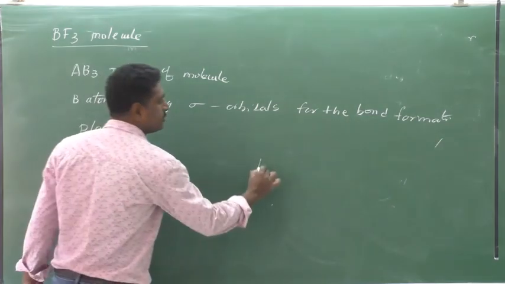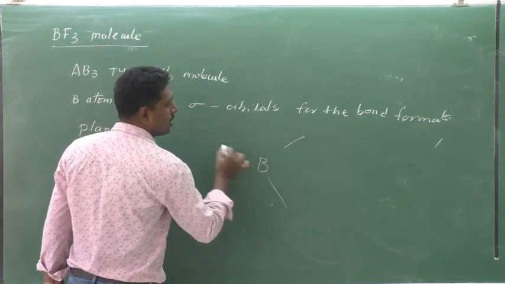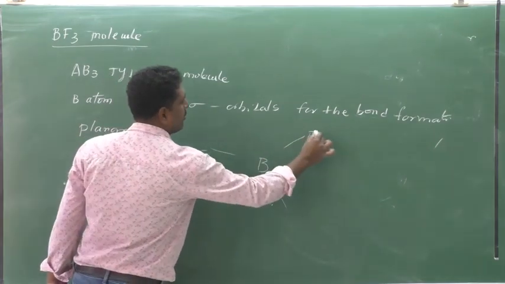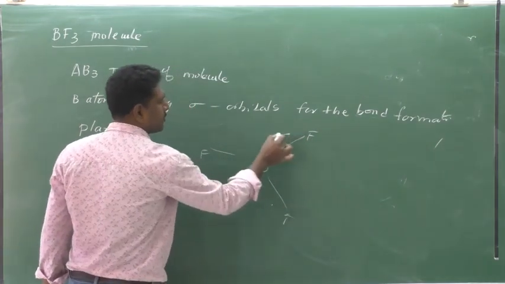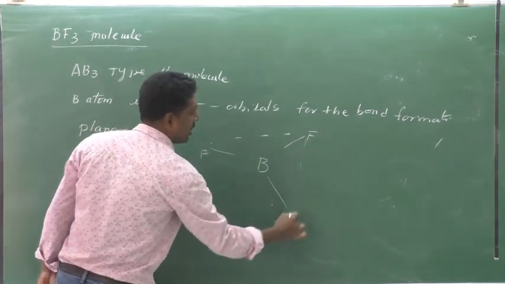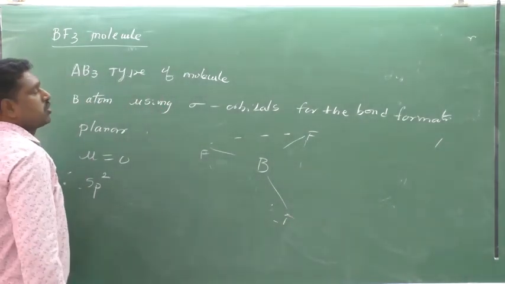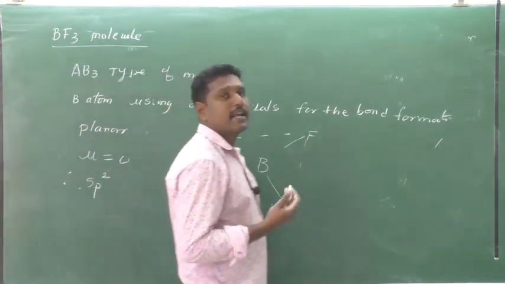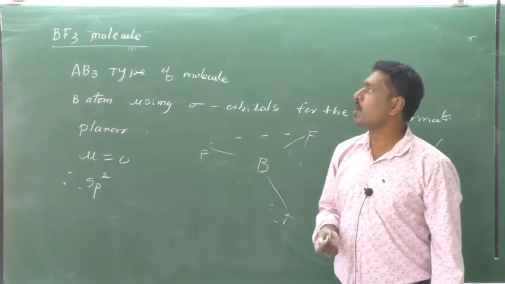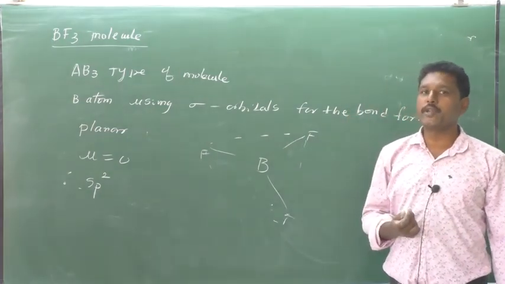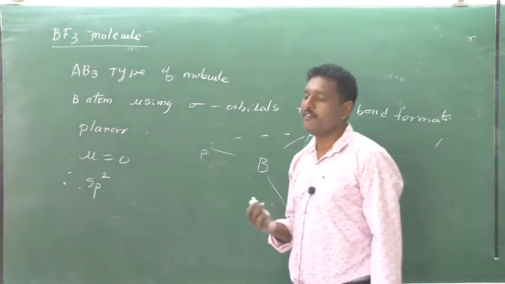So this is the shape of the molecule, a planar structure. Therefore, we can predict the hybridization of the molecule also by knowing the dipole moment value.